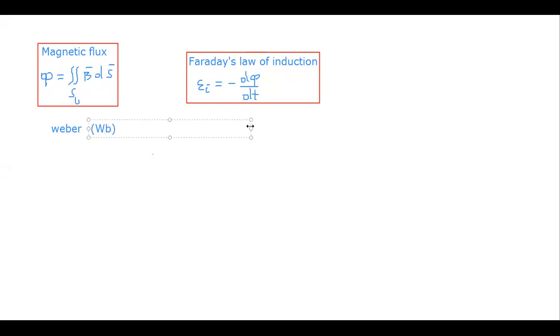So 1 Weber is equal to 1 Tesla multiplied by 1 square meter. This is Weber.